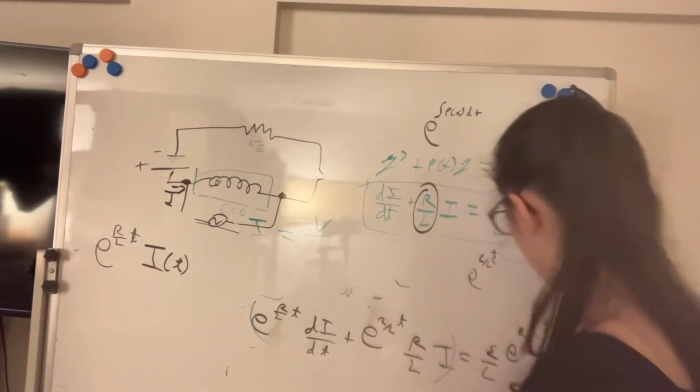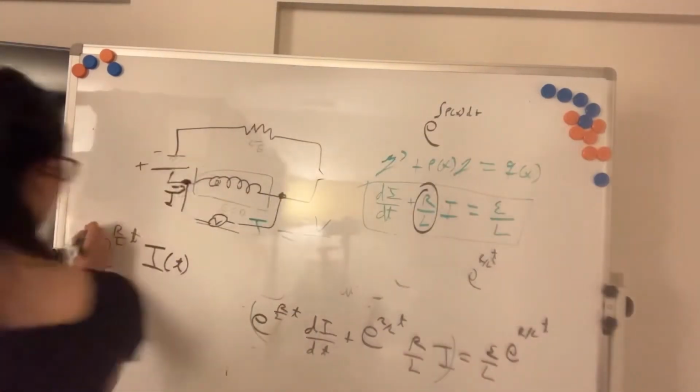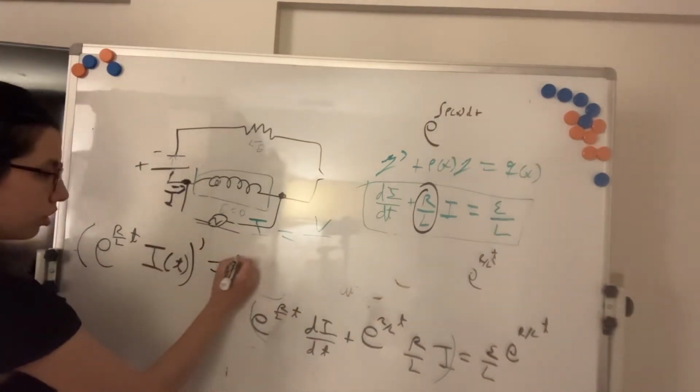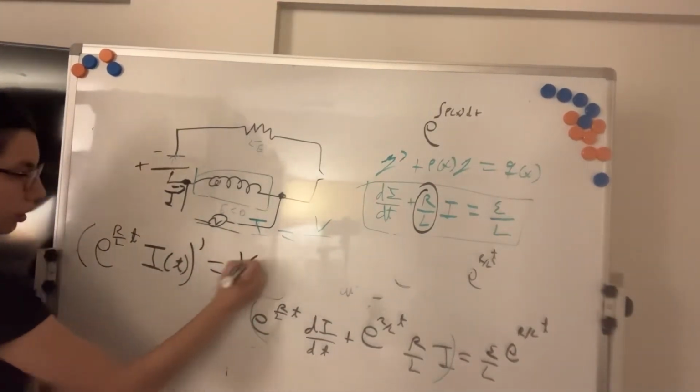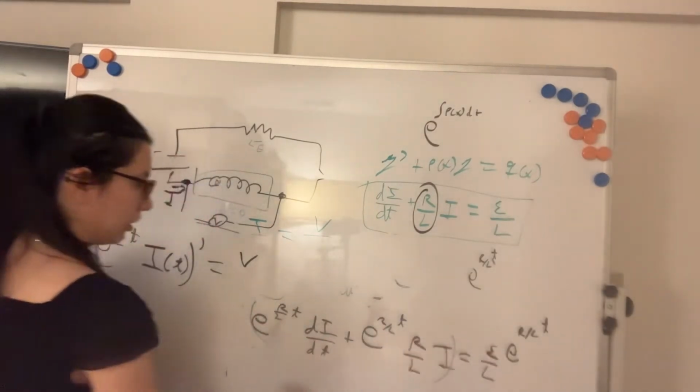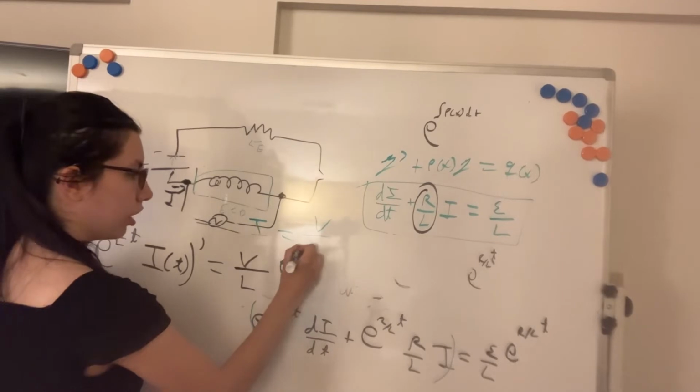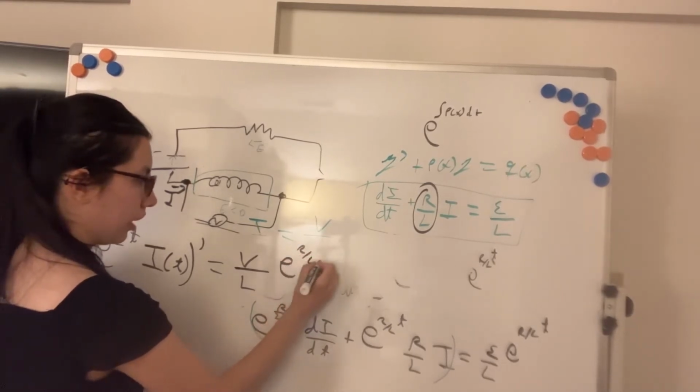This is exactly what we have here. So the derivative of this is equal to just, I will put V, not to confuse the E's, for voltage, V over L times e to the R over L t.